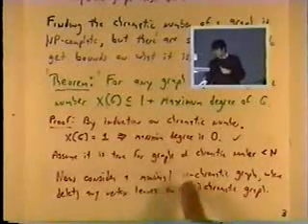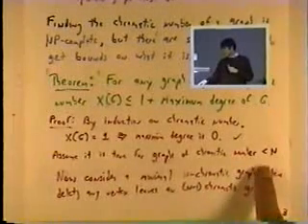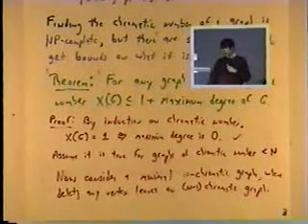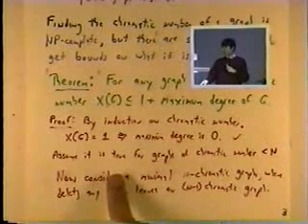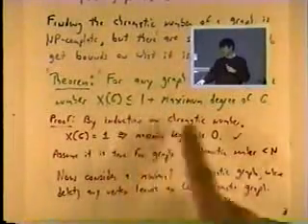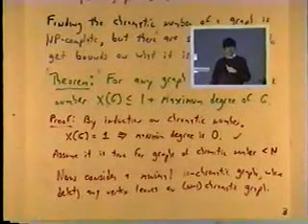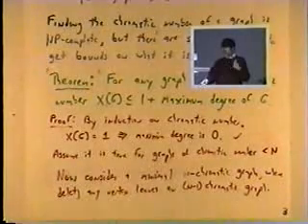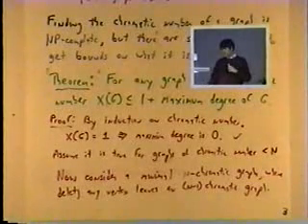Now, let's assume that for all graphs of chromatic number less than n, the chromatic number of the graph is less than or equal to 1 plus the maximum degree. We've proven it for chromatic number 1, and we can assume it's true up to some point.